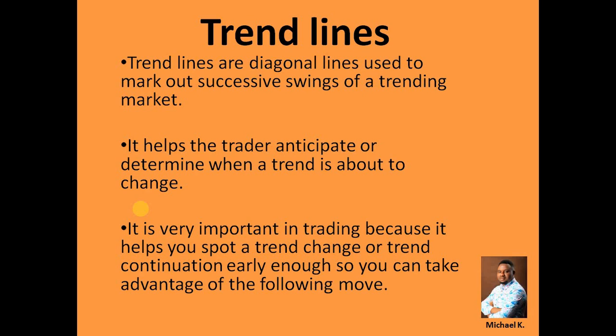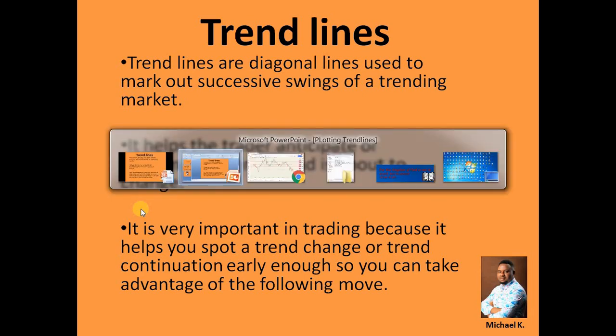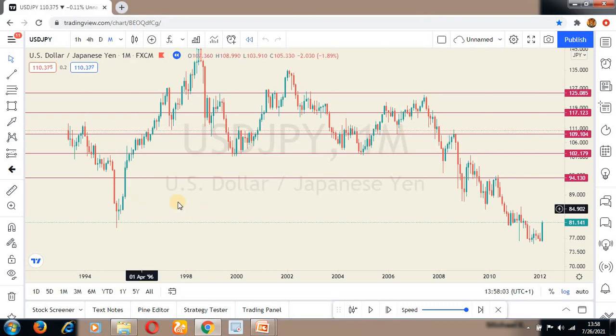Now that we have this out of the way, let's dive into the chart and see how we can plot accurate trend lines. Let's follow me to the chart. Okay, welcome to my chart.